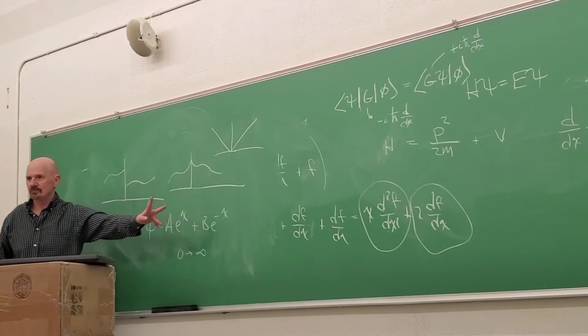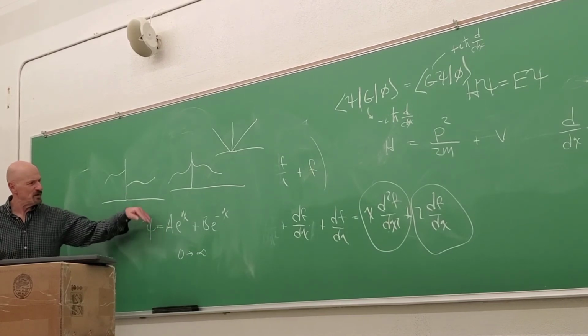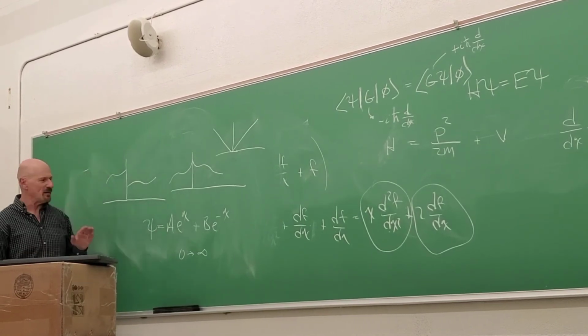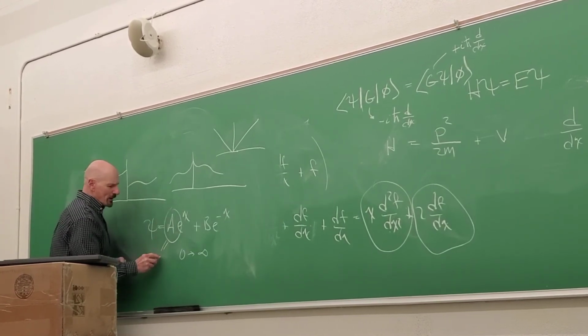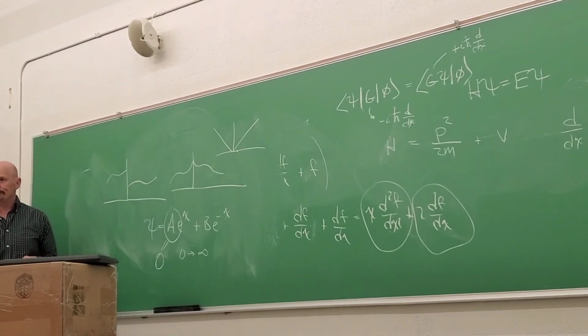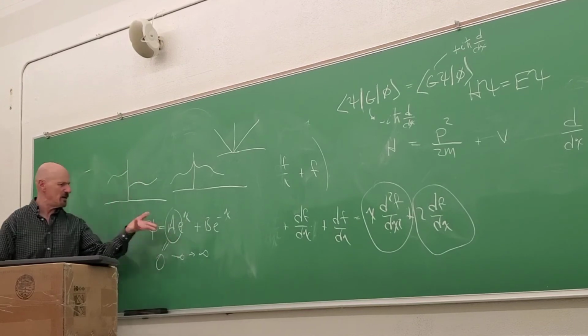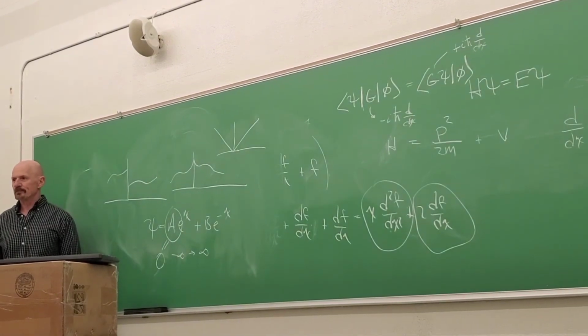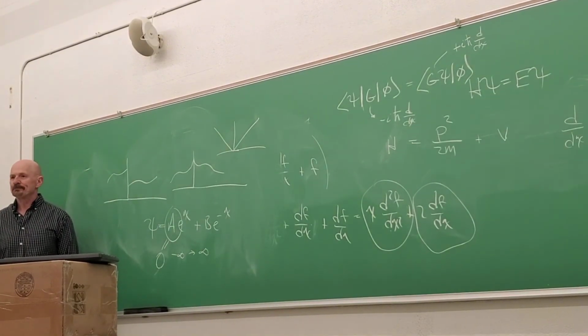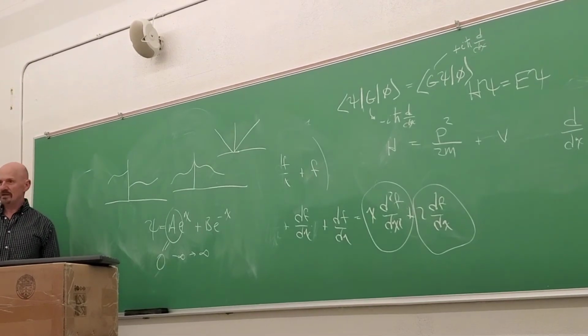As this goes from 0 to infinity, it blows up, requiring that coefficient to be equal to 0. If I said it went from minus infinity to infinity, then both terms are no good. That's not a solution. Okay? That's what I mean by violating these things. Okay?